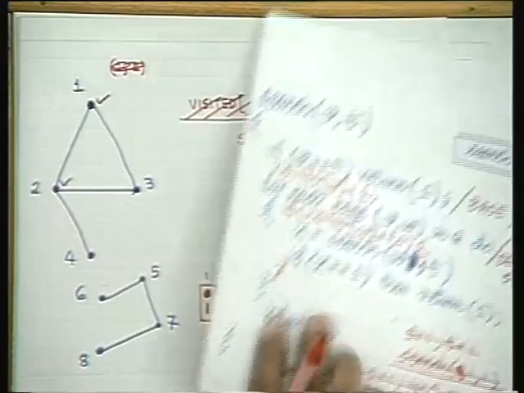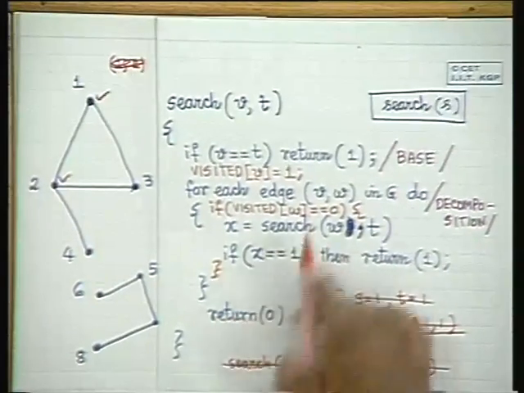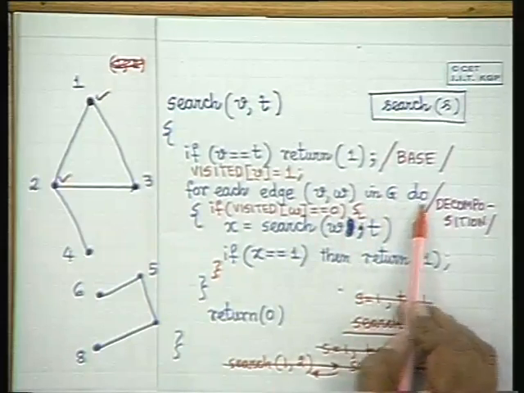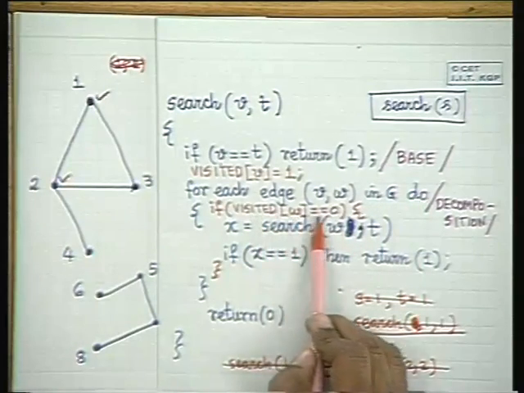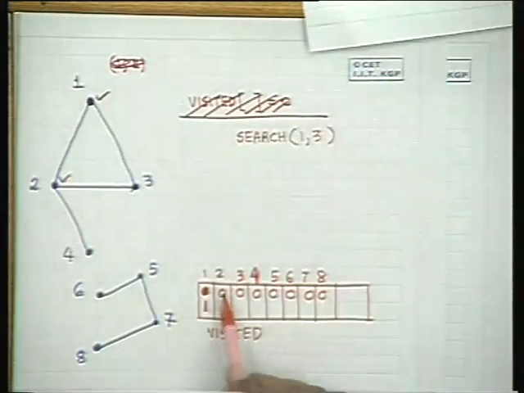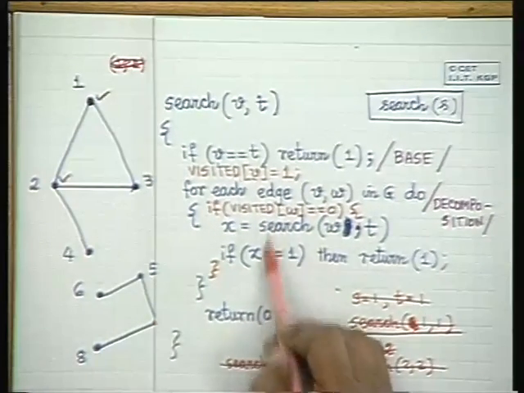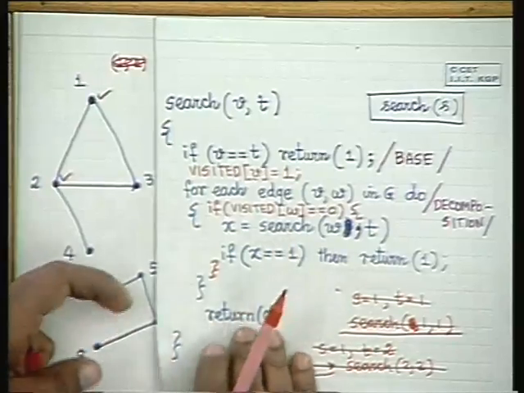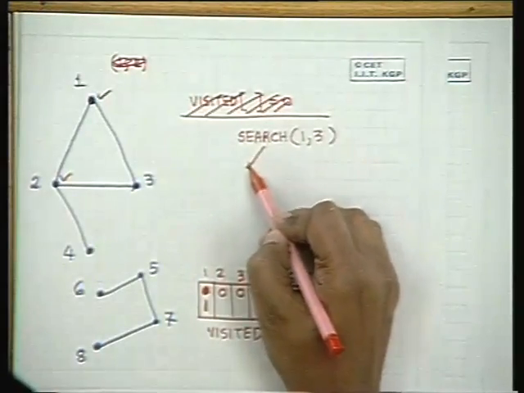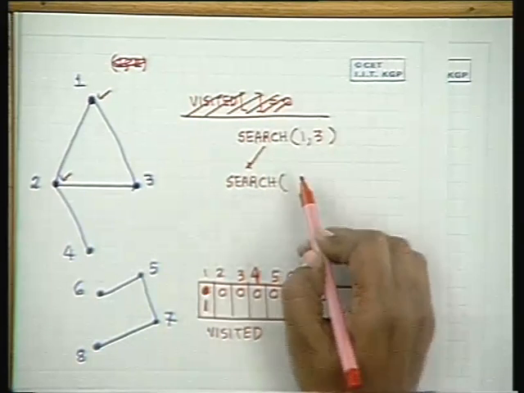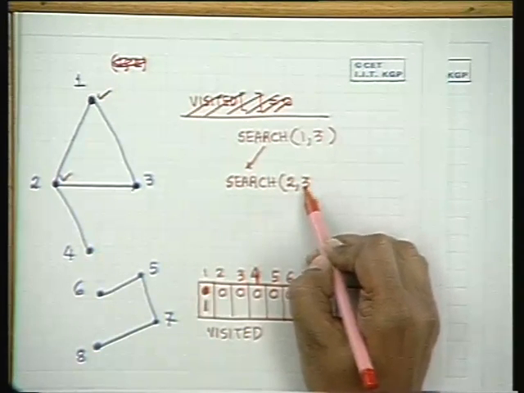Then for each edge vw, so 1 to 2 in E do, if visited w is equal to 0, so is visited 2 equal to 0? Yes. So if visited 2 is equal to 0, then I do this part as we were doing. So I call it recursively, I call search 2, 3.